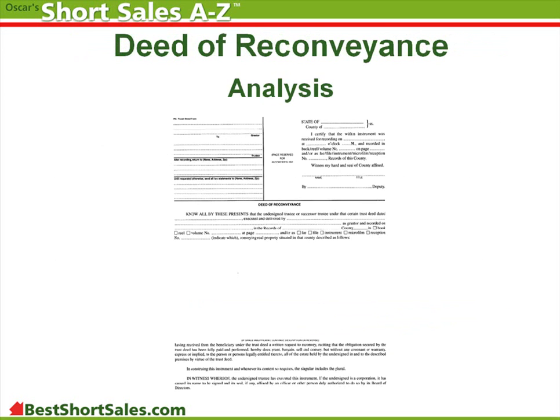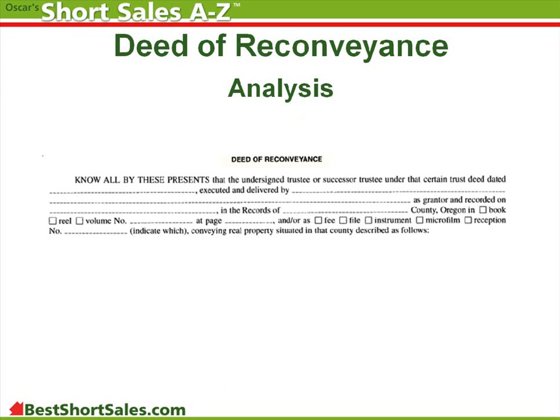Deed of reconveyance. Once the debt is paid off, the document that demonstrates the performance of the obligation is the deed of reconveyance. This extinguishes the trust deed. This is a good example. It reads, Deed of Reconveyance. "The undersigned trustee, under that certain trust deed dated date of trust deed origination, executed and delivered by Mr. and Mrs. Homeowner as grantor, conveying real property, collateral property."